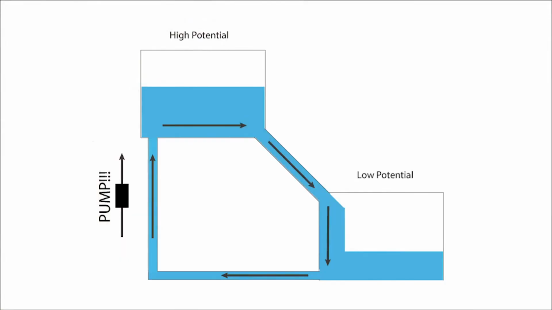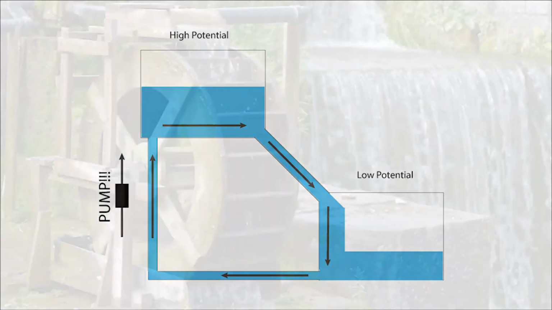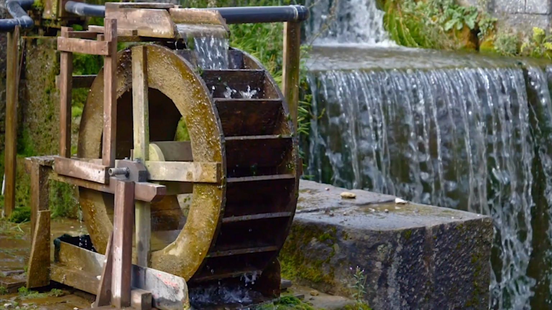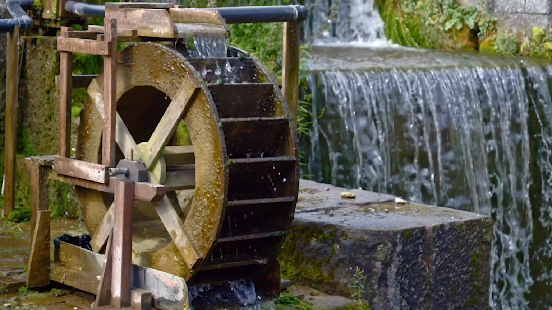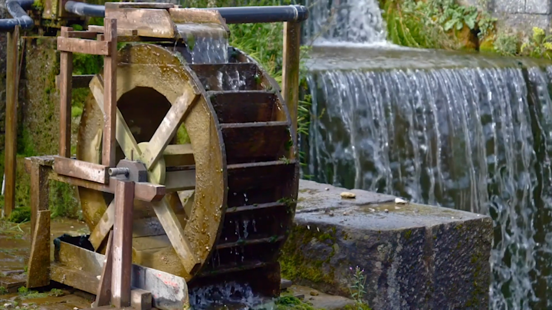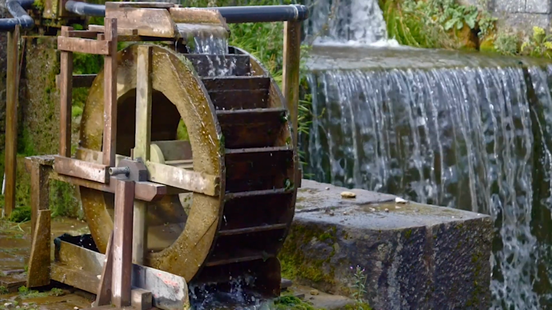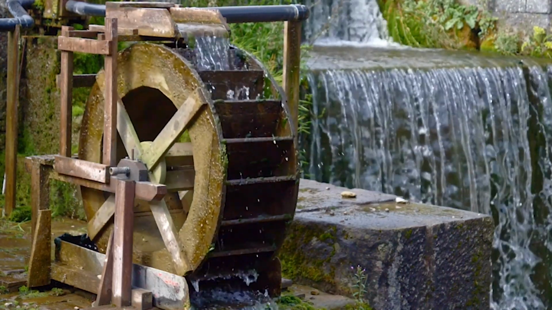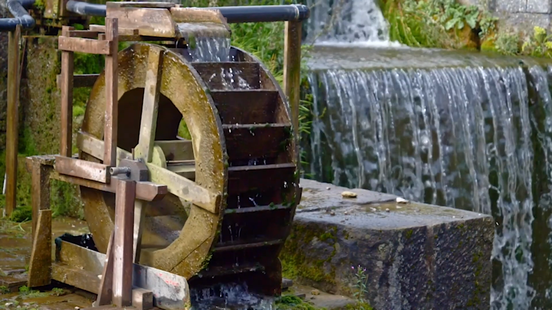The pump provides additional energy to drive the system by taking the water with low potential energy and pumping it back to the higher tank. The water that has reached the higher tank now has a high potential energy due to the increased elevation and is able to flow down again, repeating this cycle over and over.